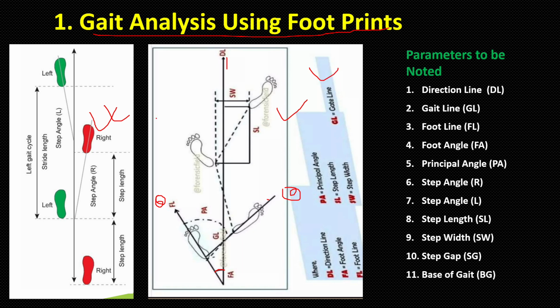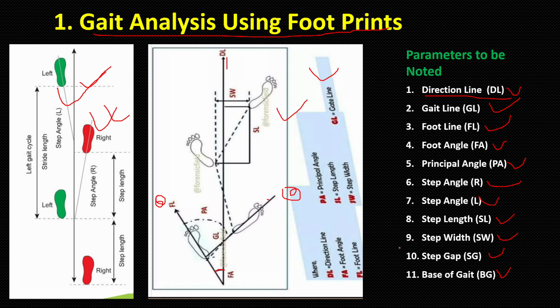In summary, we can draw a direct line, gait line, foot line, foot angle, principal angle, step angle left or right, step length, step breadth, step gap, or base of the gait, or even the time of the gait cycles. I have summarized the parameters, but you can choose other parameters as per the available data. So these can be calculated.